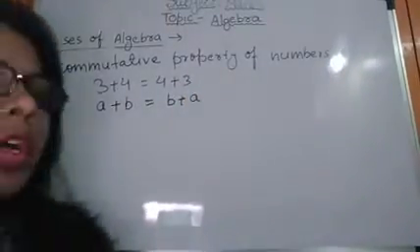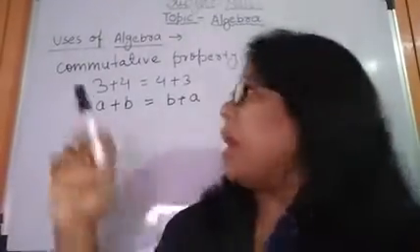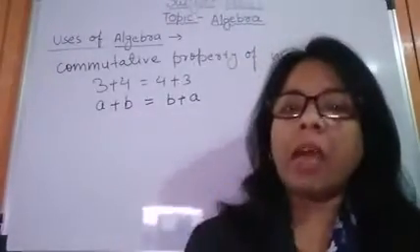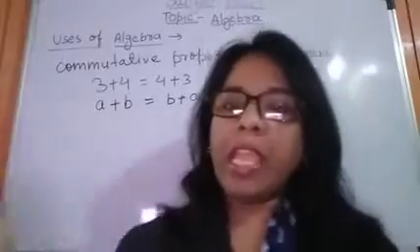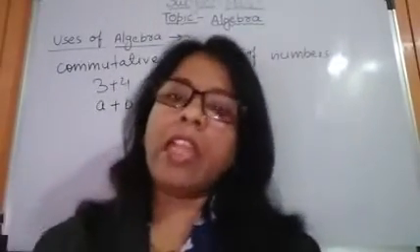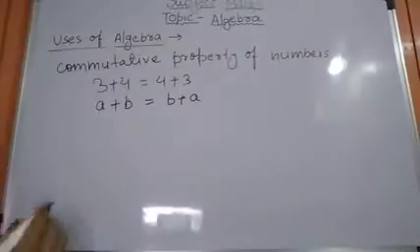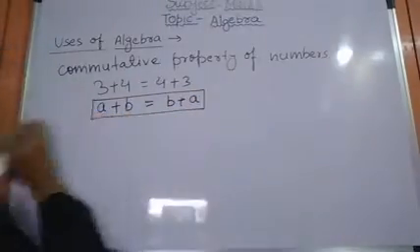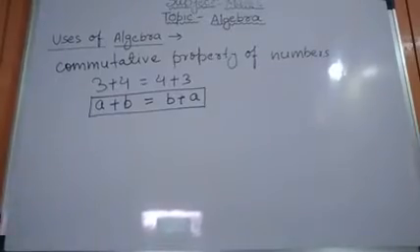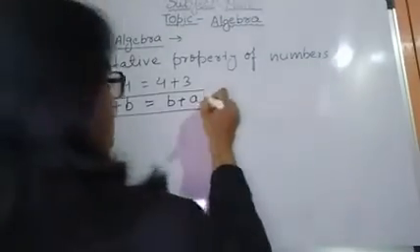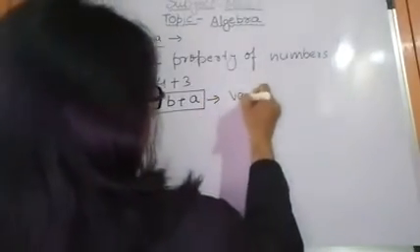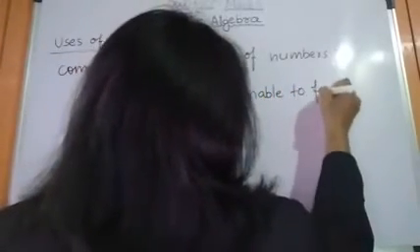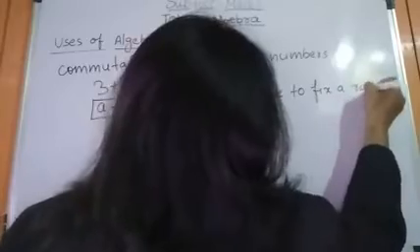Now you can put any number at the place of A and any number at the place of B and find it, and it will be correct. So this is the formula. We can use algebra, we can use variables to fix a rule.